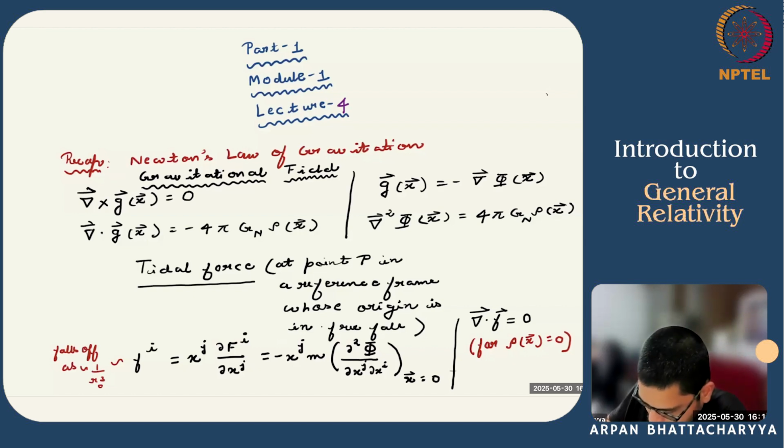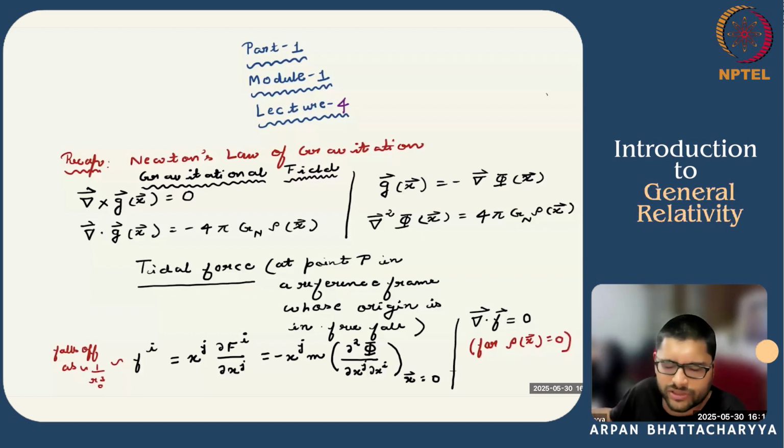The main content of Newton's law of gravitation is encoded into this formula. Given this gravitational field, if we specify its curl and divergence, which are given by these two equations, that is, curl of g is 0 and del dot g is minus 4 pi G Newton times the density, which is the density of the gravitational mass, or we will simply call it the mass of the object that is producing the field at the point x.